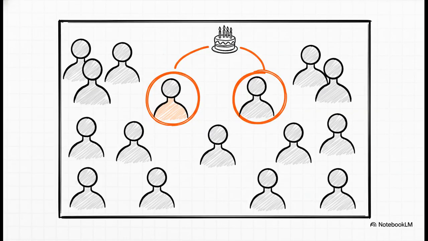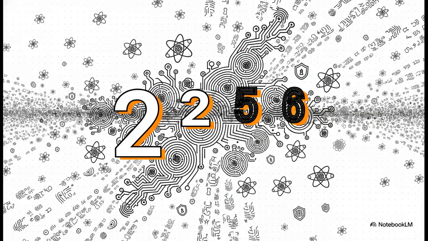The probability here is kind of related to a fun little math puzzle called the birthday paradox. It turns out you only need 23 people in a room to have a 50-50 chance that 2 of them share a birthday. But what are the odds when the number of possible birthdays isn't 365, but something much, much larger? I mean, the scale we're talking about with an algorithm like SHA-256 is just staggering.